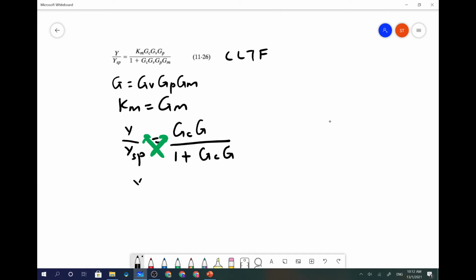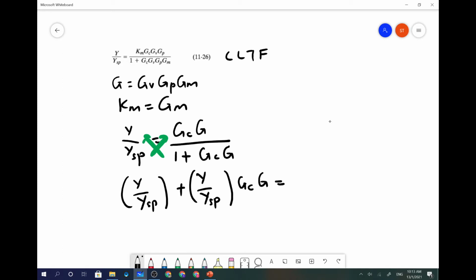So we have Y over Y sp put together, plus Y over Y sp GCG equal to GCG.